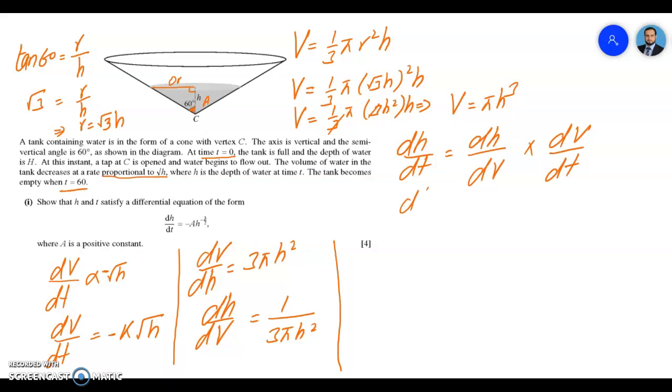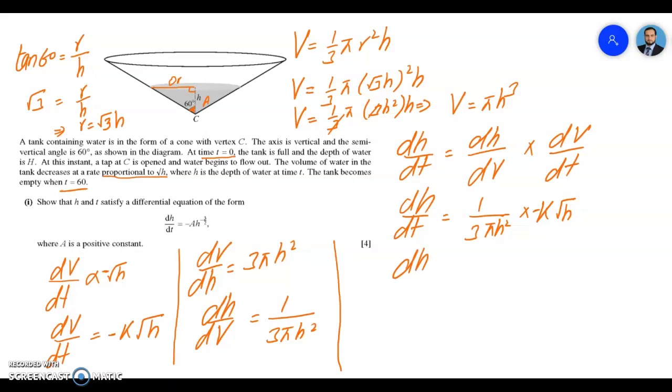So once we insert the values, dh by dt is equal to 1 over 3 pi h squared times negative k root h.